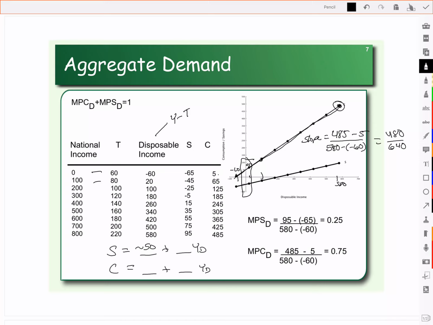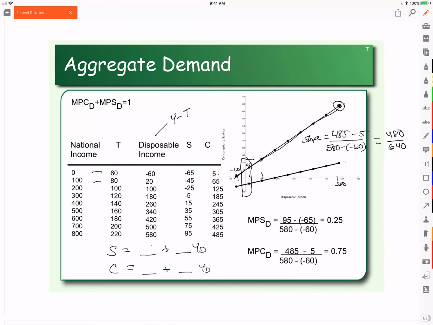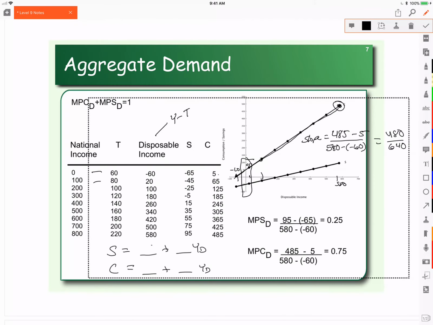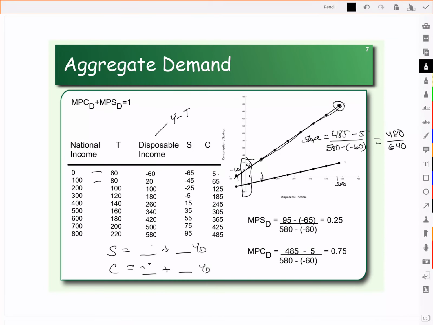Oh, my apologies, we're putting this here in the wrong form. This needs to go in consumption. So, consumption is approximately 50. Let's try this again. Consumption is approximately 50, and the slope of the consumption function is 0.75.